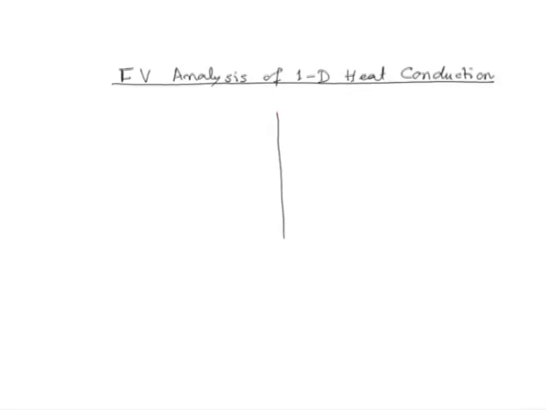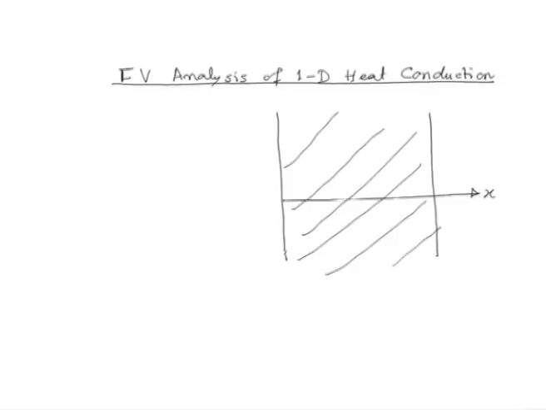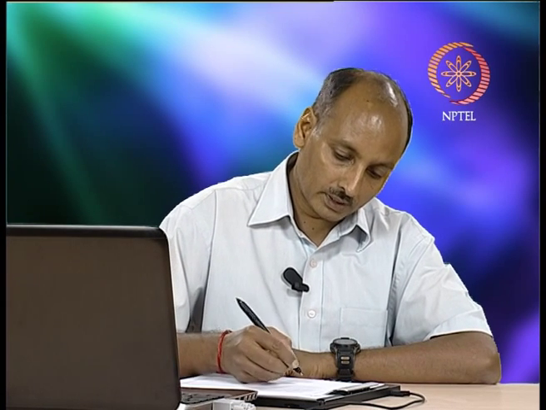So, this was our slab, and we will have some boundary conditions specified at both ends. For the time being, let us not put any constraints. Now, we have two choices for the finite volume grids.